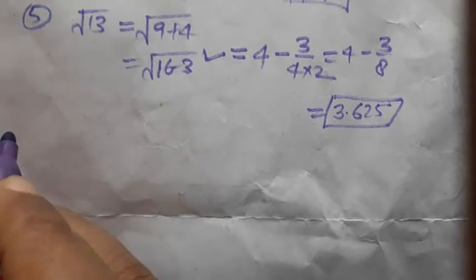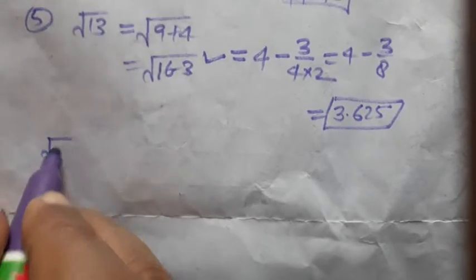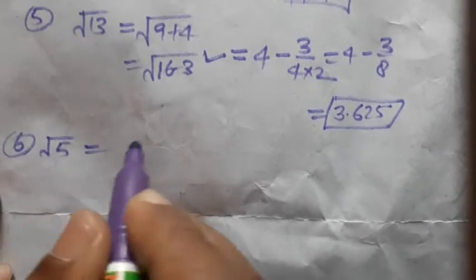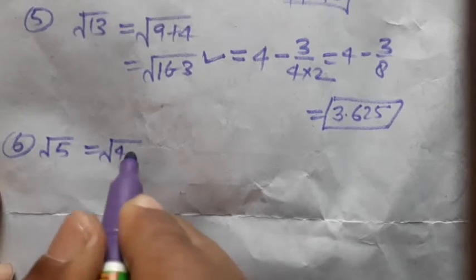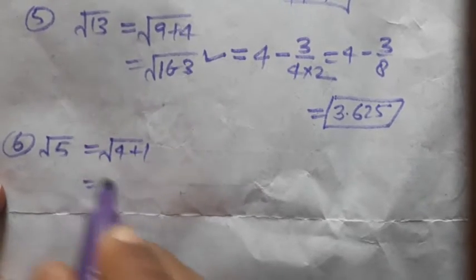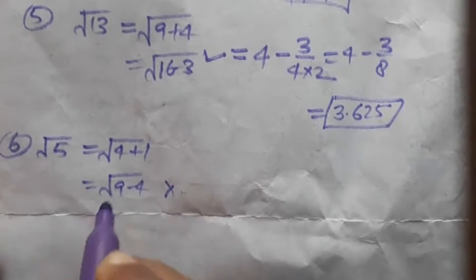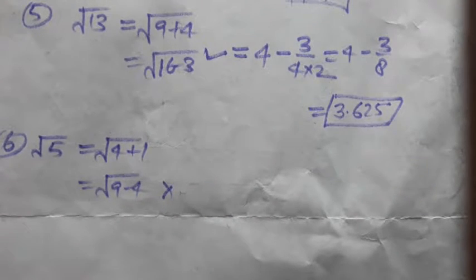Now the next example, suppose we take root 5, this is example number 6. Again we have to break it like this, 4 plus 1, not like this, 9 minus 4. This is not acceptable because the gap is more here, the difference is more here.